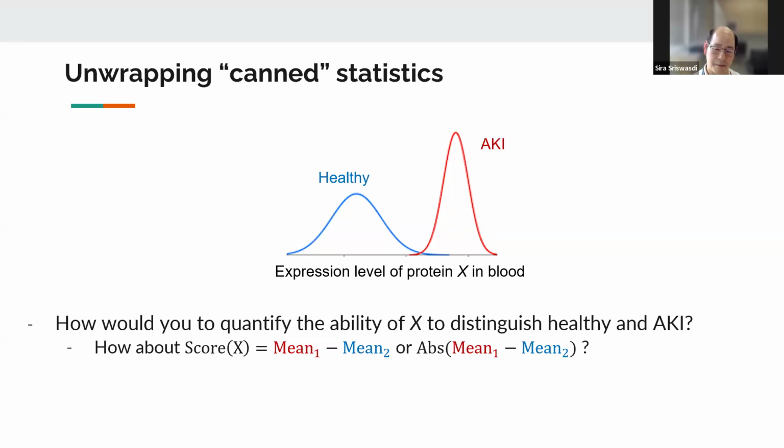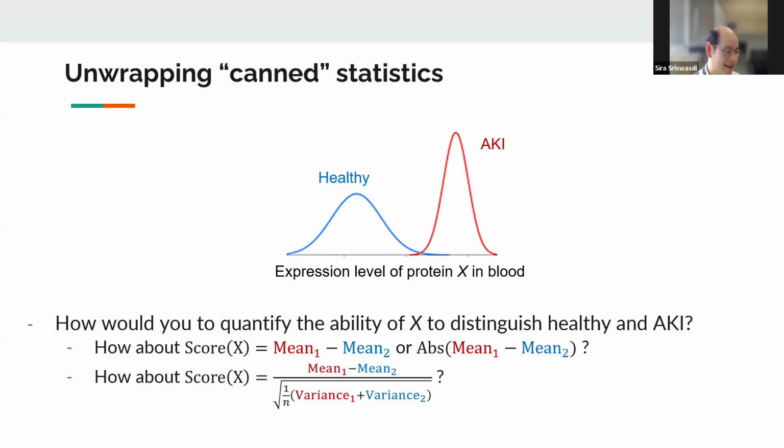But some of you might notice that this score doesn't take into account that the expression of X in AKI patients is very narrow, but among the healthy controls, it's very broad. The variance is different. So we can improve this score further. We can divide this by the total variance from the AKI patients and the healthy controls.